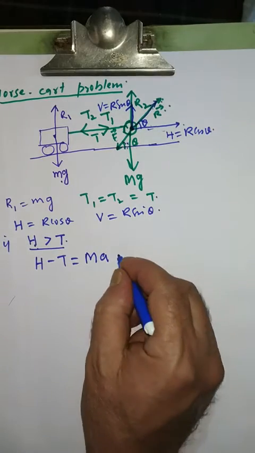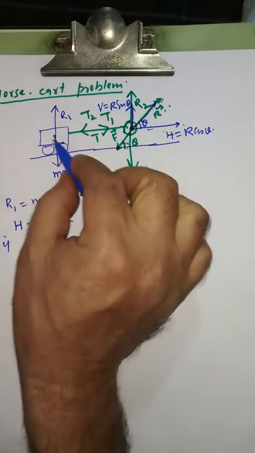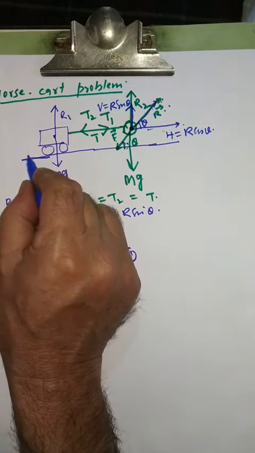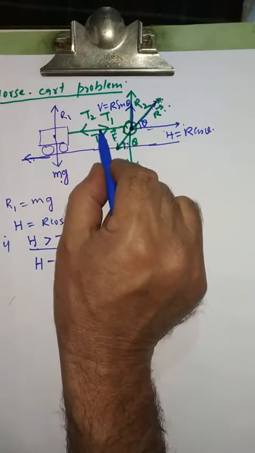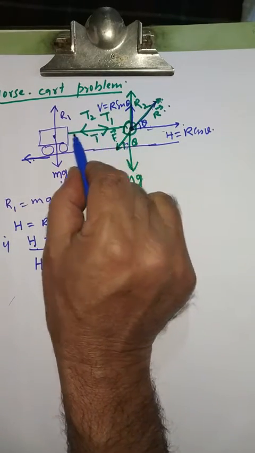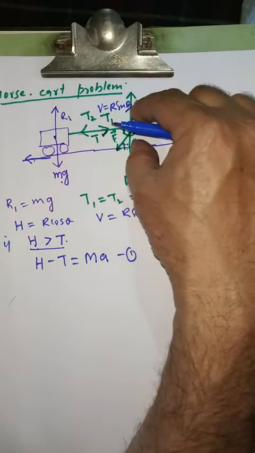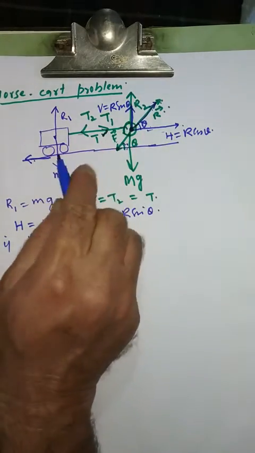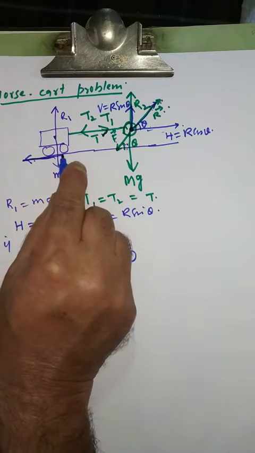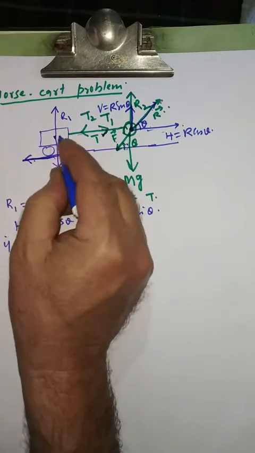Clear? Now let us take the cart. Now this tension T tries to move this cart forward, but in turn there is a frictional force between the tires of the cart and the road.